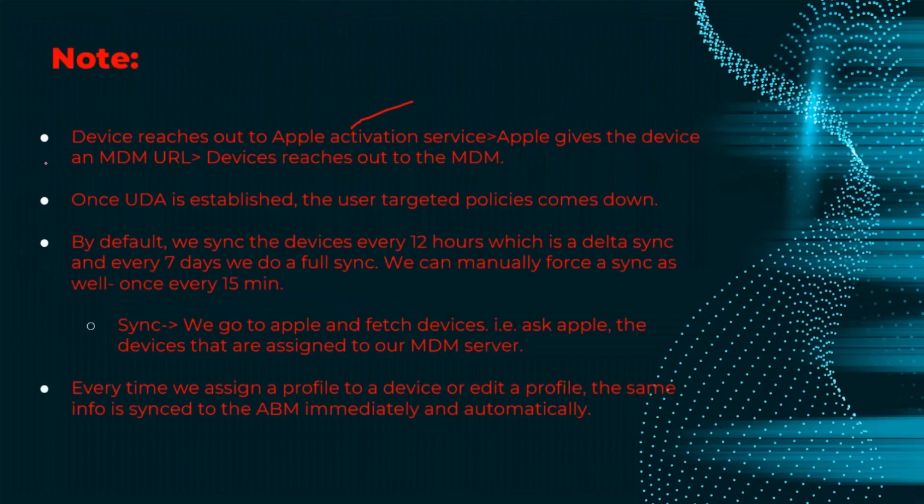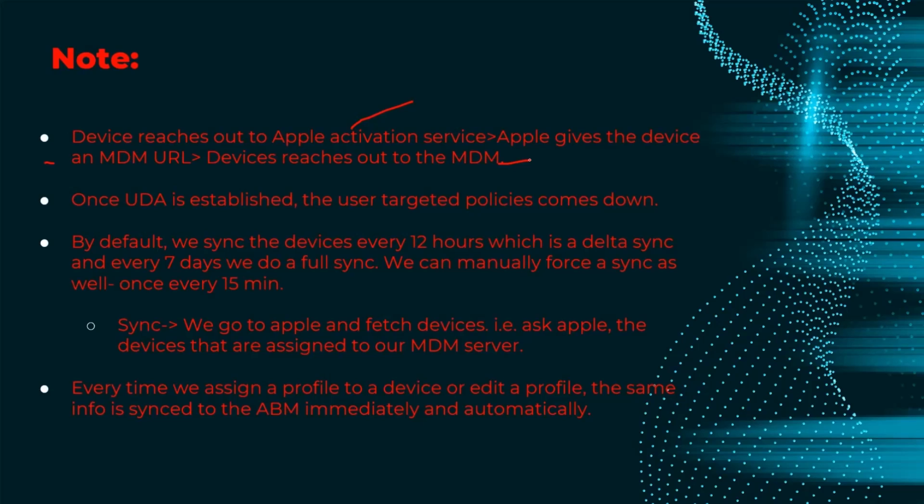So Apple gives the device the MDM URL, the device reaches out to the MDM URL, it downloads the ADE profile, it undergoes the customized out-of-the-box experience, it gets enrolled to Intune, and once it gets enrolled to Intune, whatever policies and applications are deployed to Intune come down to the device.